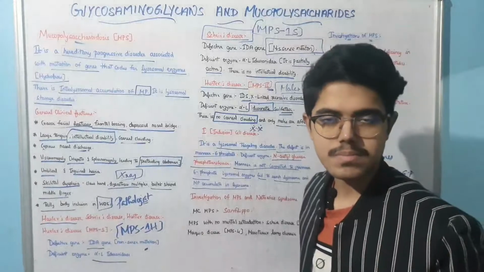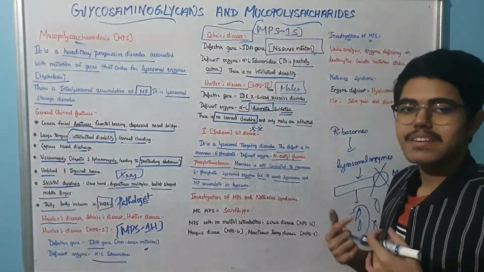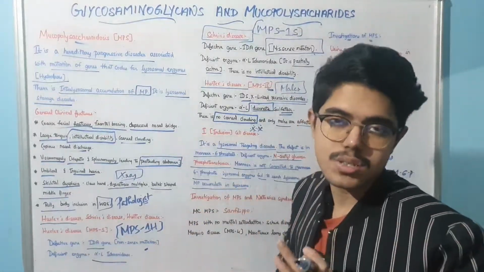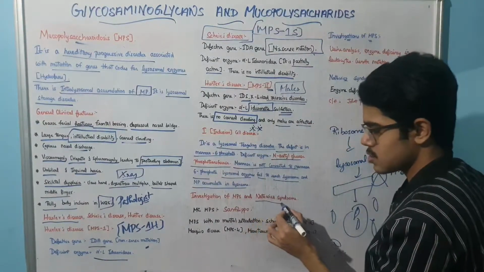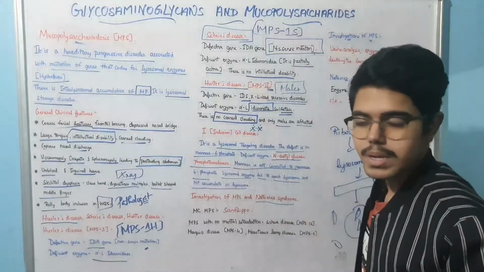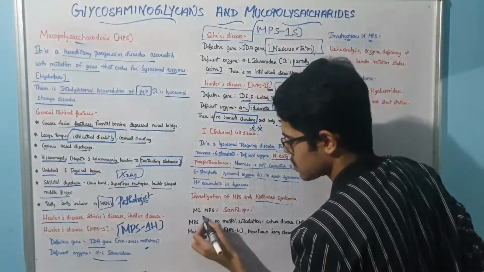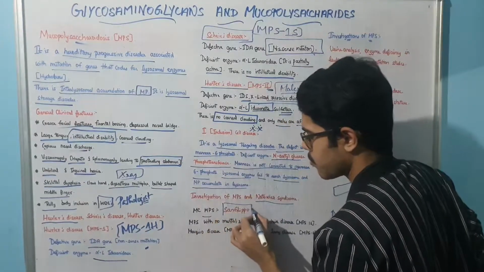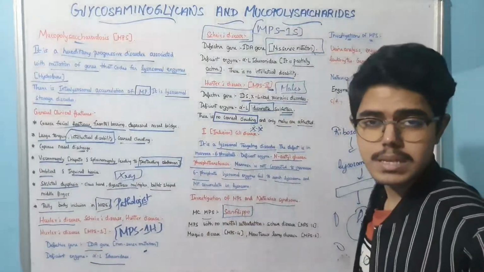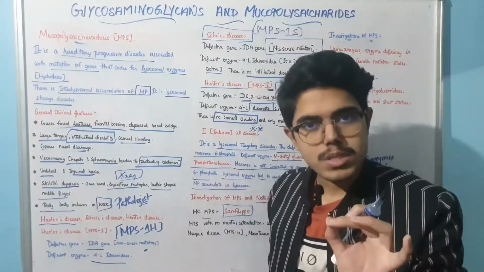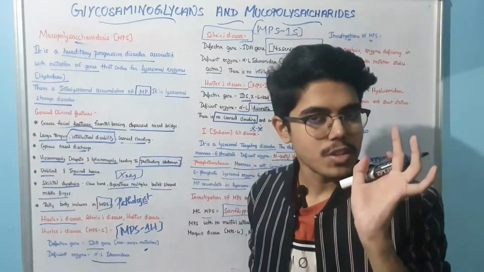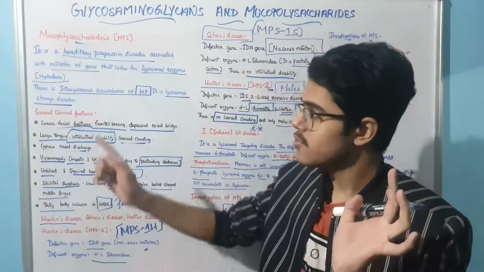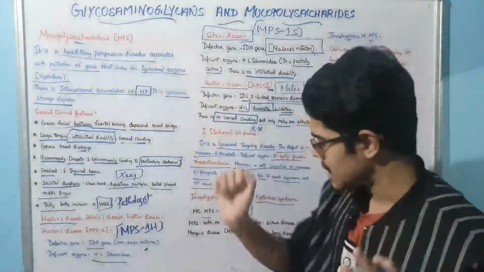We have discussed that. Now, the investigation, and we are also going to see Natowicz syndrome. In mucopolysaccharidosis we have something called Sanfilippo. Mucopolysaccharidosis with no mental retardation, what do we call it?